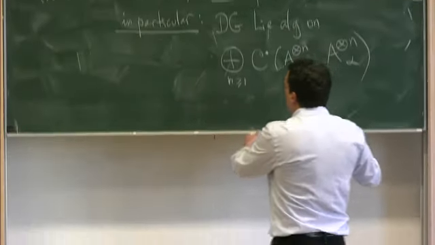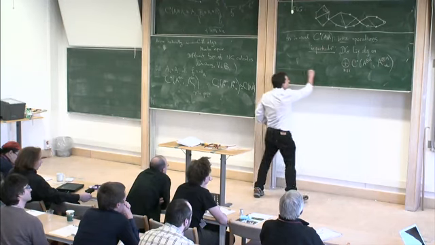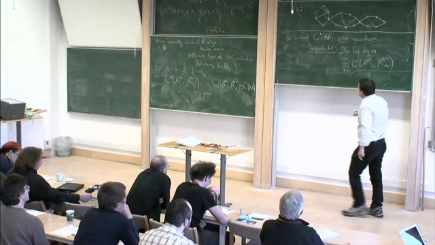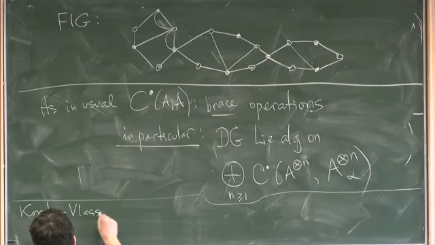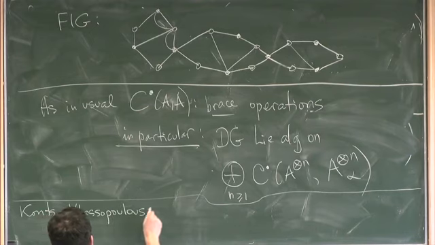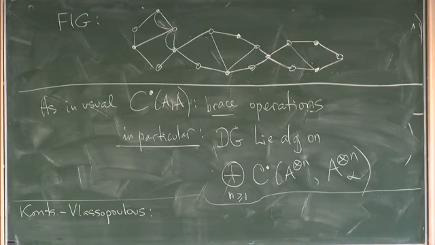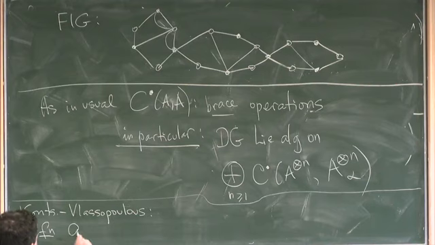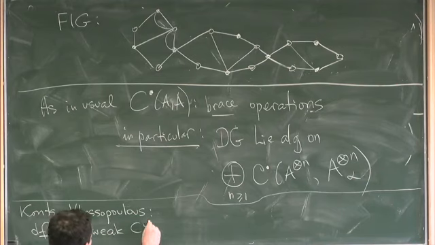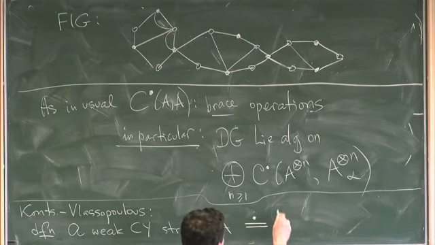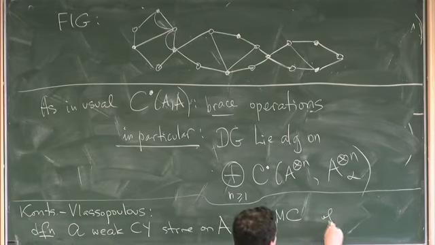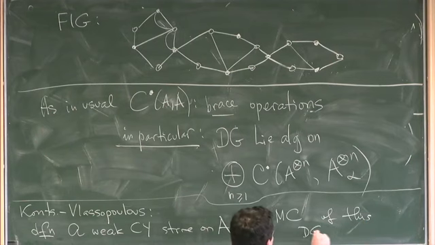And I saw notes of a talk by Kontsevich, and I think it's joint with Vlassopoulos, where basically they give a definition that a weak Calabi-Yau structure on A is by definition a Maurer-Cartan element of this DGLA.